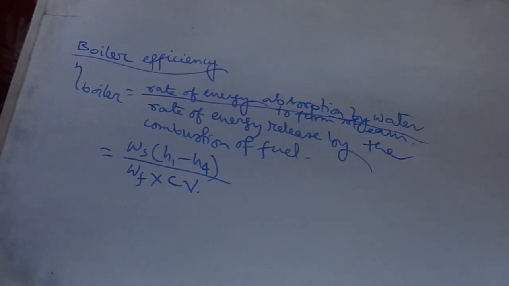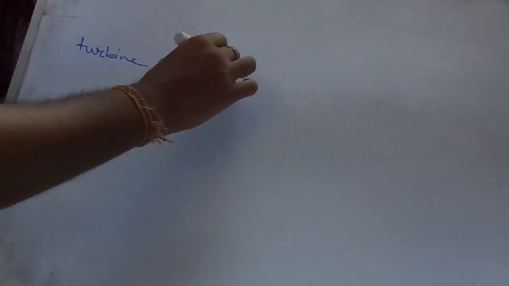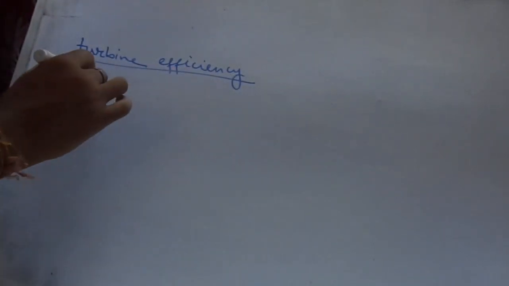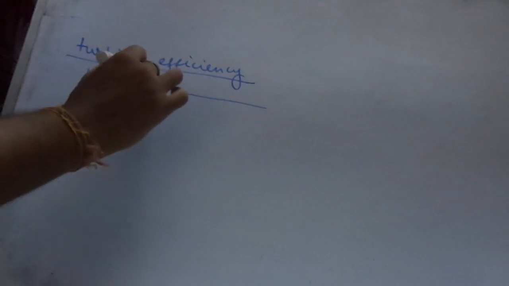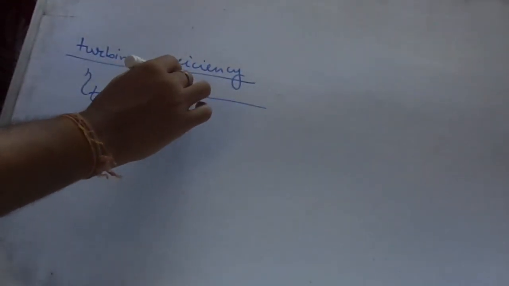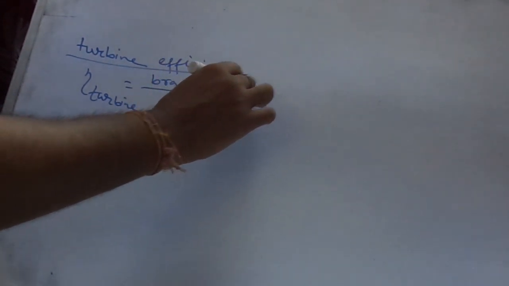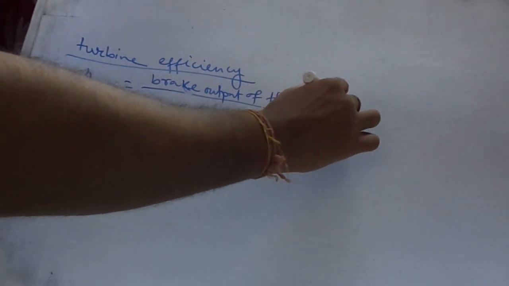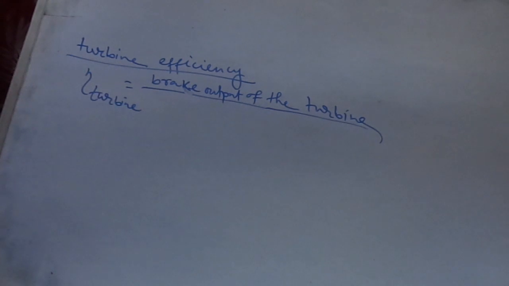This one is the boiler efficiency. Another one is the turbine efficiency, eta T. It is the brake output of the turbine divided by the internal output of the turbine.